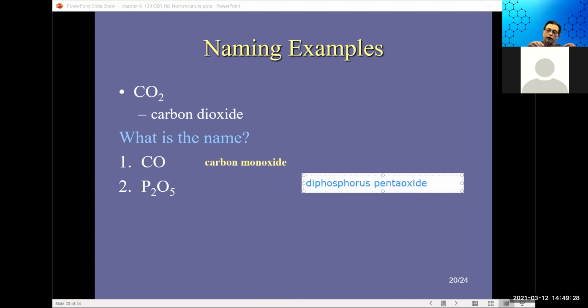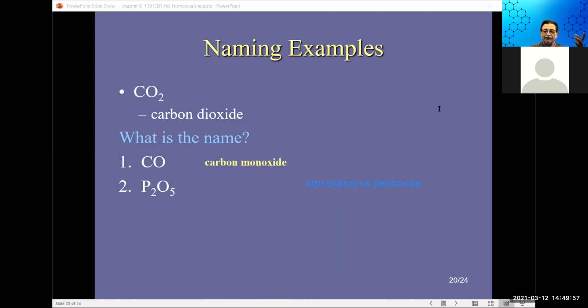Now, the English rule as far as sentences is this: when you combine a prefix that ends in a vowel with a word that begins with a vowel, you're supposed to drop the A. So technically, we drop the A in pentoxide. Now, if you forget to drop the A, I'm not going to count it wrong.